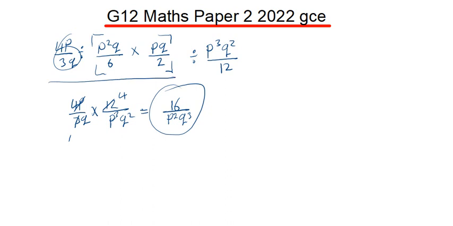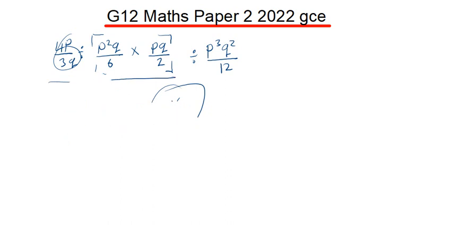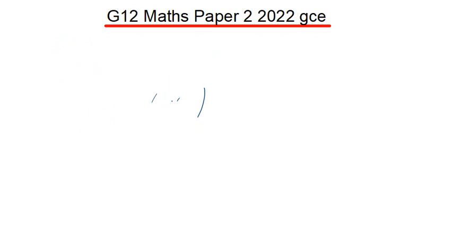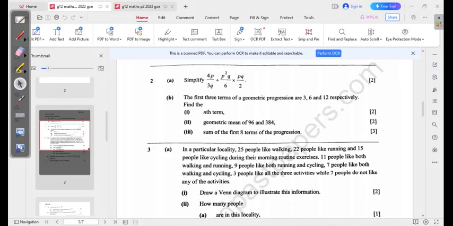Now let's look at the second part of question 2. We have been told that 3, 6 and 12 are the first three terms of the geometric progression. We have to find the nth term.